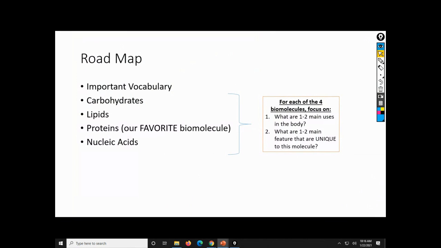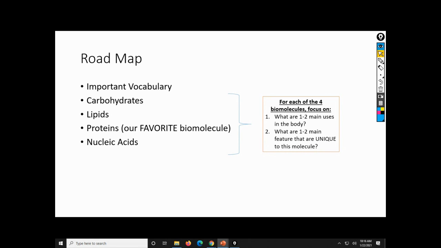And then we'll have whatever the major pieces of that unit are. So in this case, you see we have our 4 different major biomolecules that I want to touch on: carbs, lipids, proteins, our favorite biomolecule, and nucleic acids. And then you see here on the right-hand side, I have a helper box.